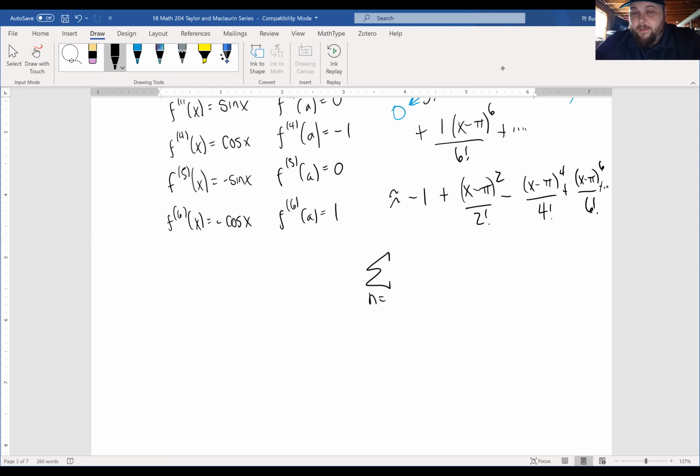Every one of the denominators is even, and we represent even numbers by 2 times some variable. So we could do 2n factorial as long as we start n at 0. Because 2 times 0 is 0, 0 factorial is 1. That works for the first term. When n is 1, 2 times 1 is 2 factorial. That's what we have there. N is 2, we get 4 factorial. So they match up.